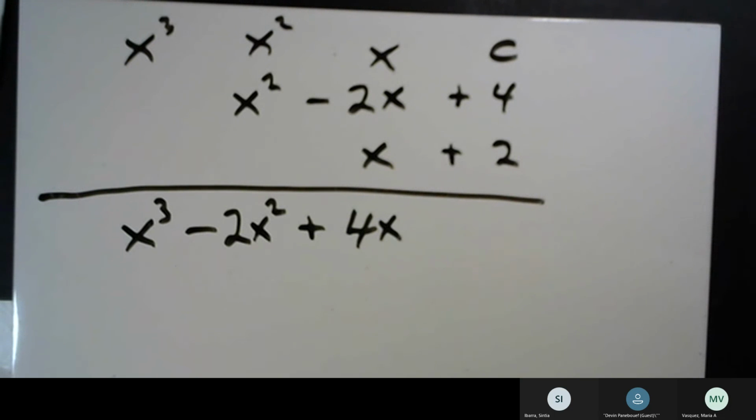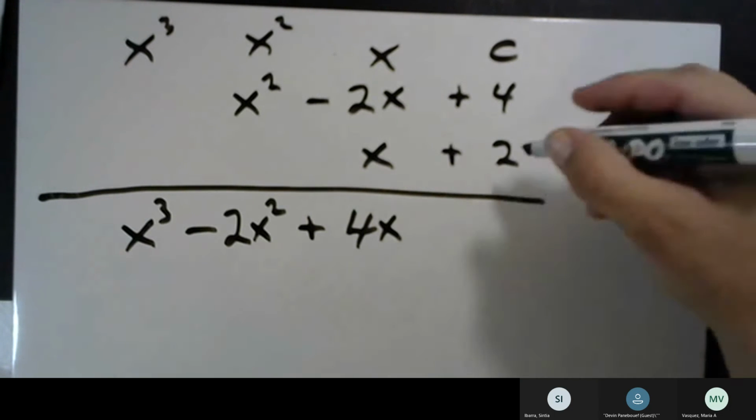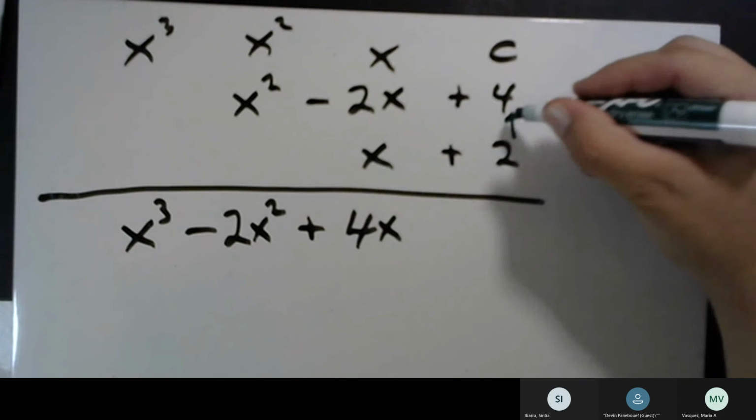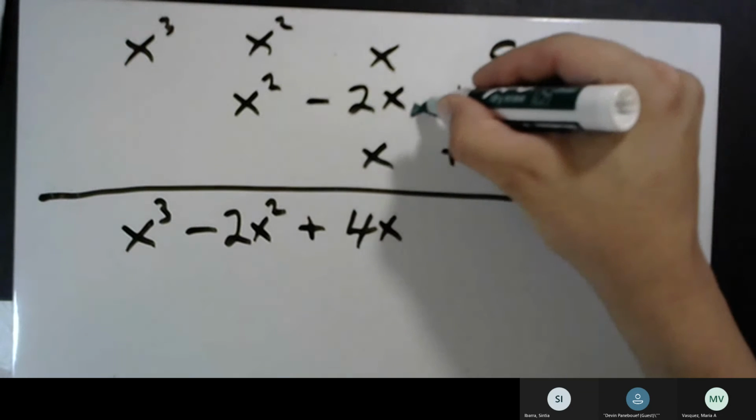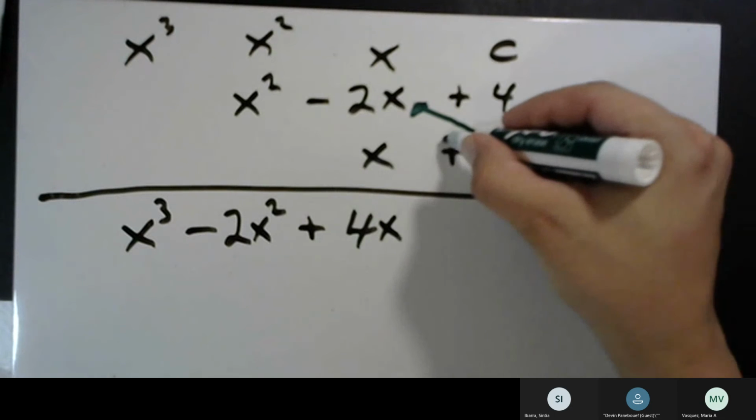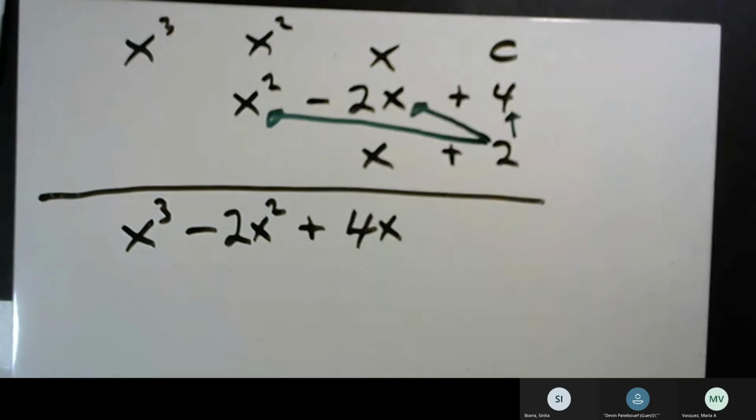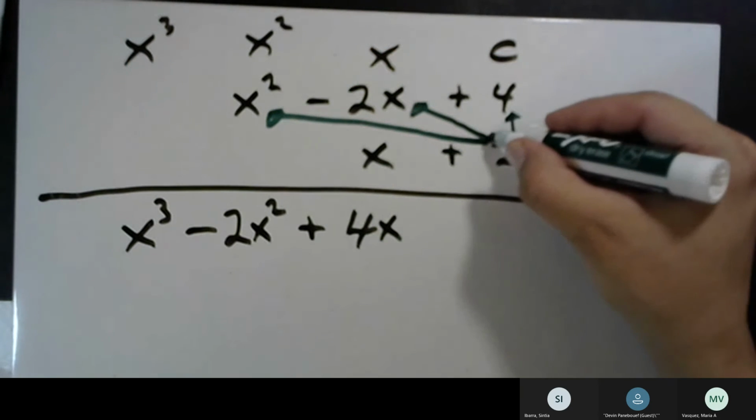Next, what we're going to do is distribute the 2. It'll go to the 4, to the minus 2x, and to the x squared.